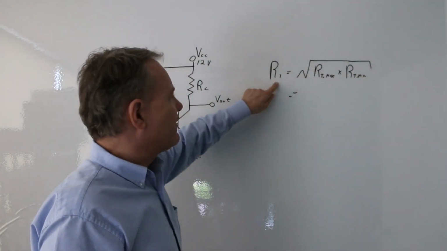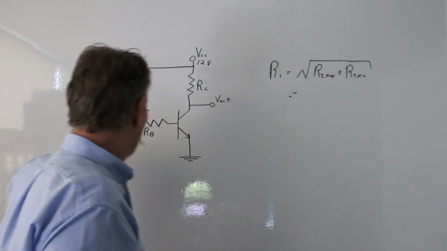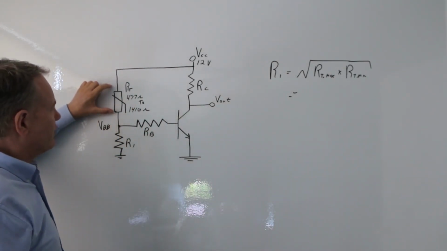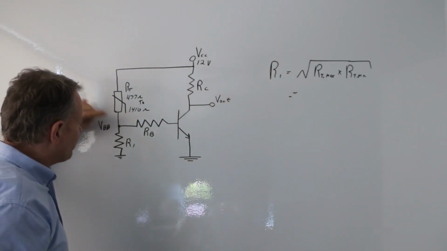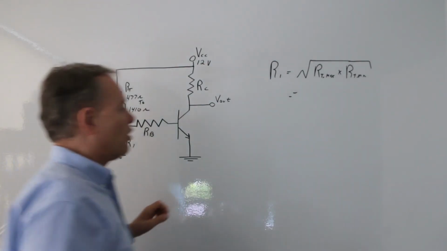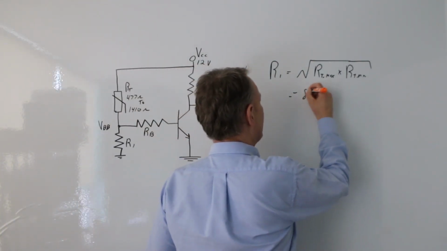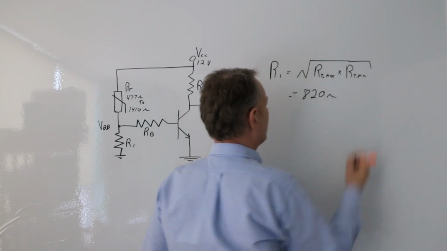That is actually going to give me a value so that this range is going to give me the greatest range of VBB. So over here I've already done this, and that's 820 ohms.